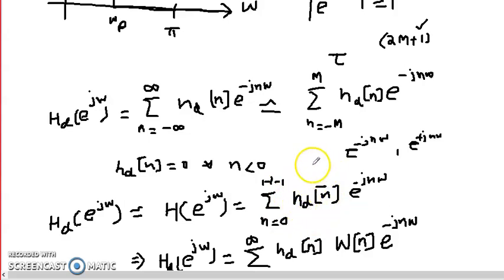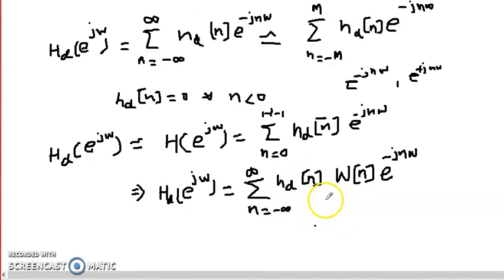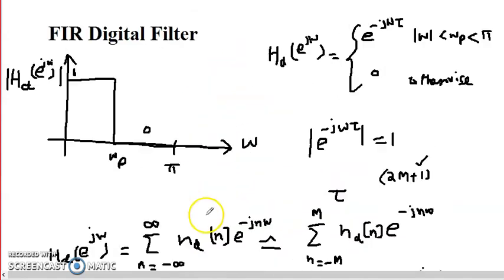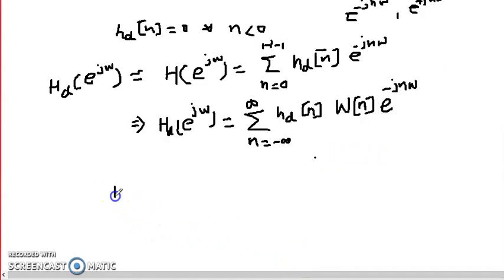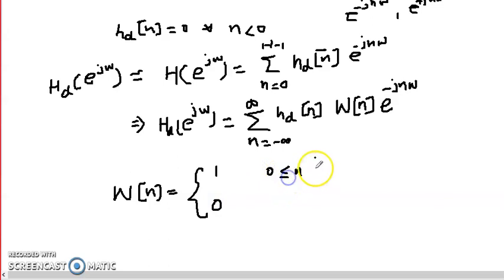It means hd is a causal system, and so this can be approximated with the function w(n). w(n) is called the window function, which is equal to 1 when n is between 0 and N minus 1, and 0 otherwise.